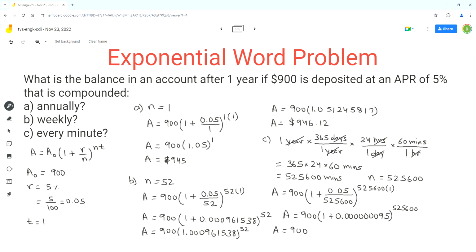Next, we can add the terms in the parentheses. Next, we can evaluate the exponent.